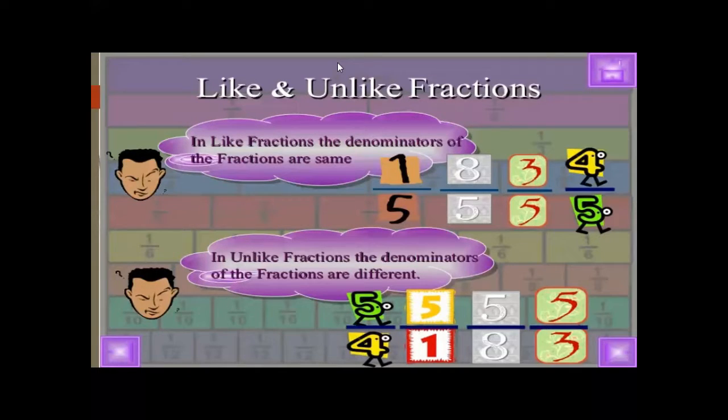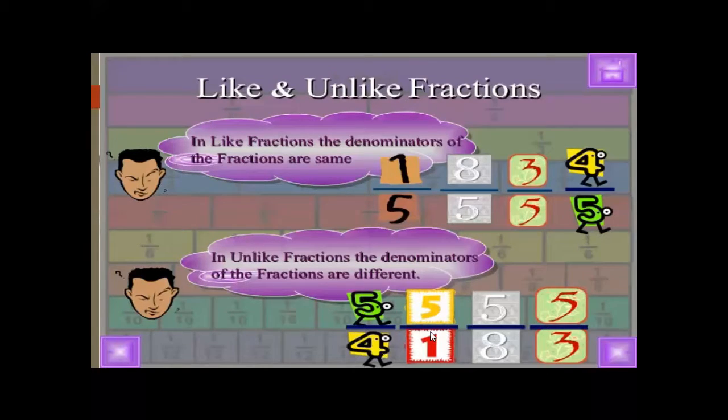And what about unlike fractions? In unlike fractions, the denominators of the fractions are different. We can see an example here. We have different fractions, and if you check the denominators, the numbers in the denominators are different.